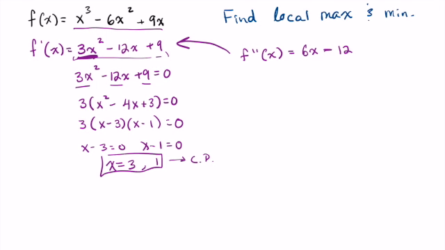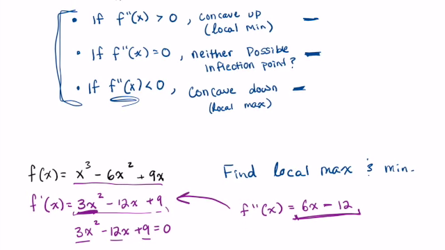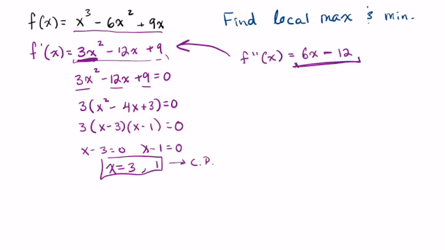Now I'm going to plug my critical points into my second derivative to see whether or not we are matching these three ideas up here. I want to plug in f double prime of 1, and f double prime of 3. Plugging in f double prime of 1, I get 6 times 1 minus 12.